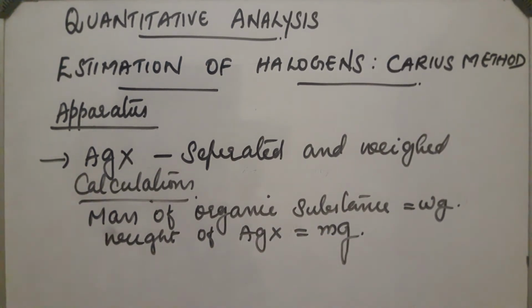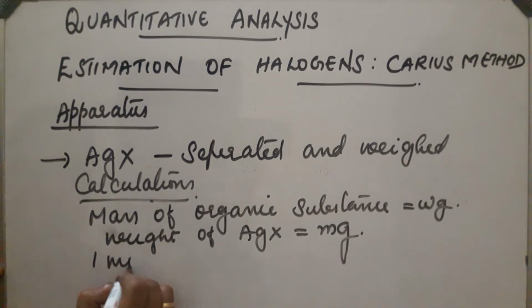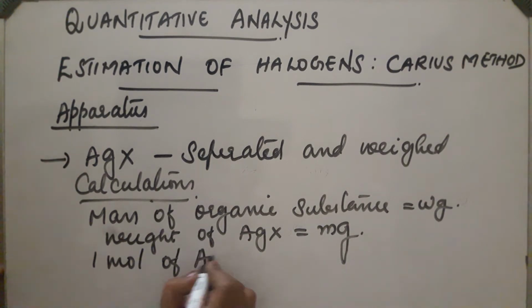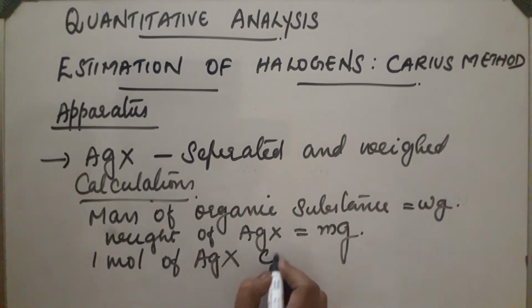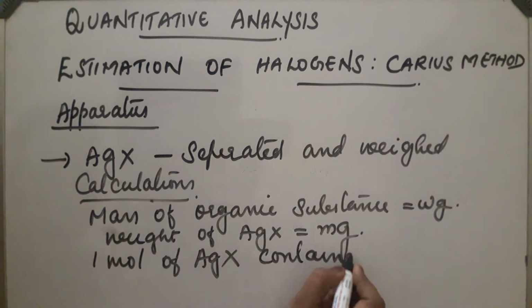Now, 1 mole of AgX contains 1 mole of X. This AgX varies depending upon the halogen. It will be AgI, AgCl, etc. So, 1 mole of AgX contains 1 mole of X.